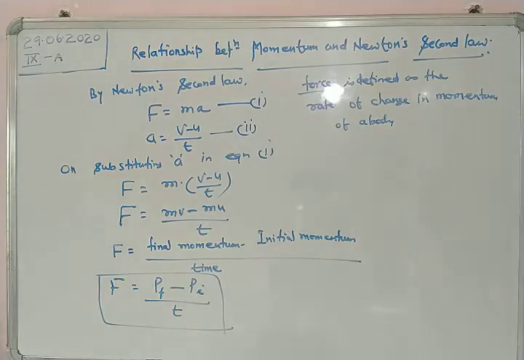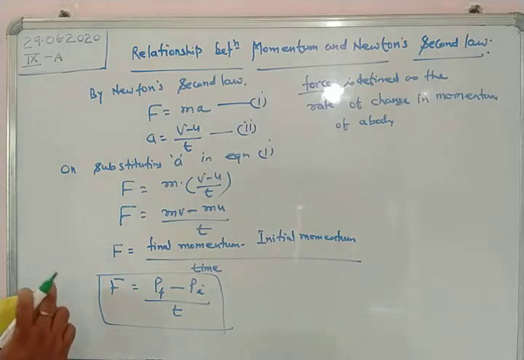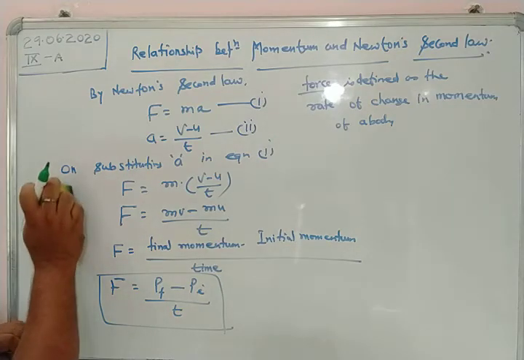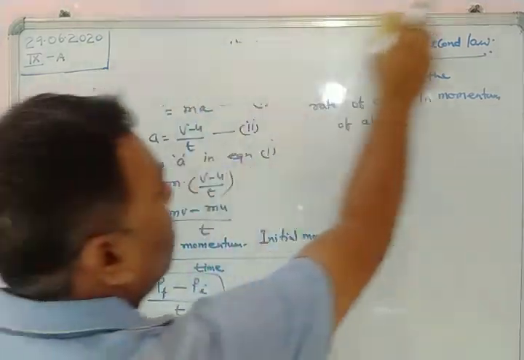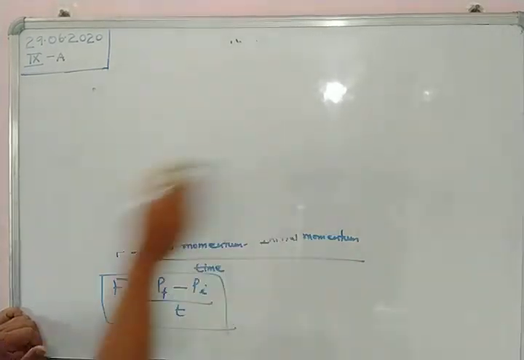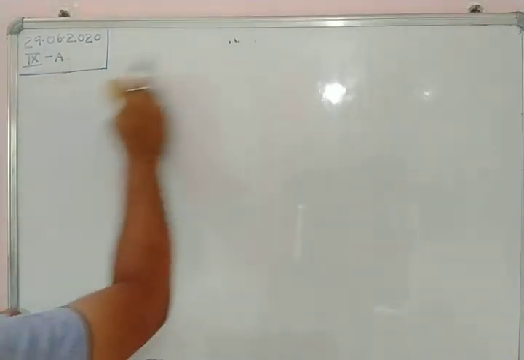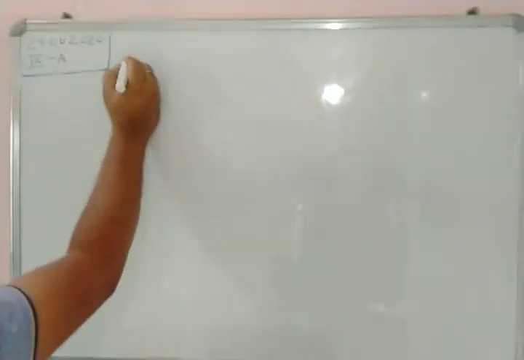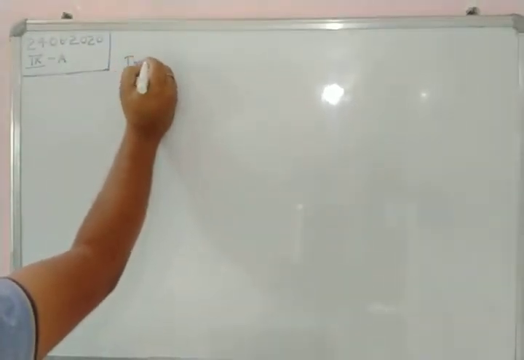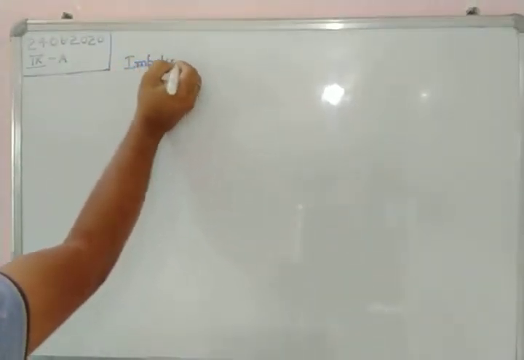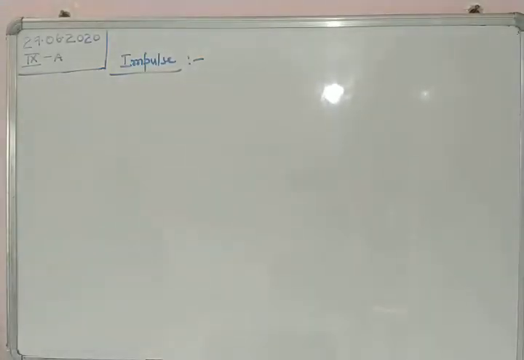This is easy, simple. Now moving on to one more dimension of Newton's second law. What is that? Let's see. The other one is called impulse. Impulse of a body. Not pulse, impulse.